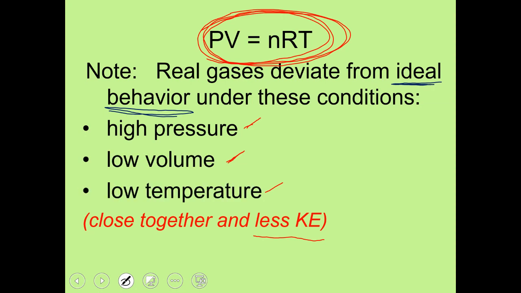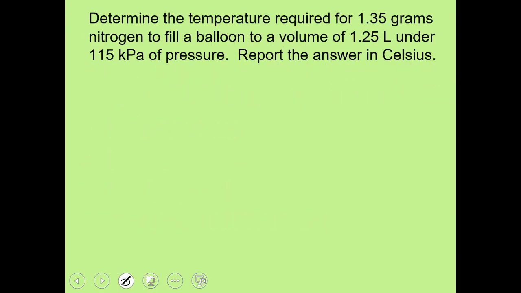Okay, so here are some sample problems. Let's just do a sample problem together. I usually like to list out what I know. We know R, it's always the same number.